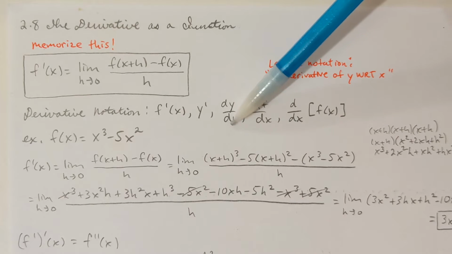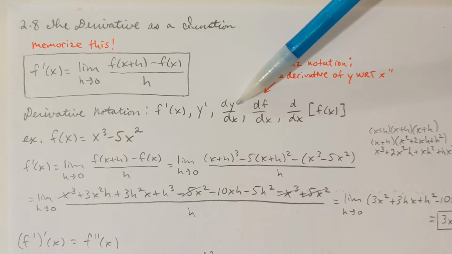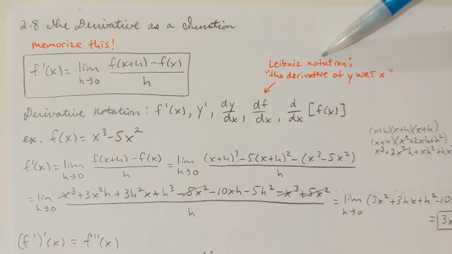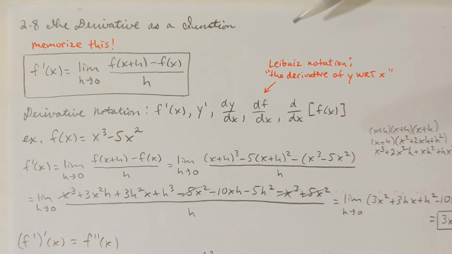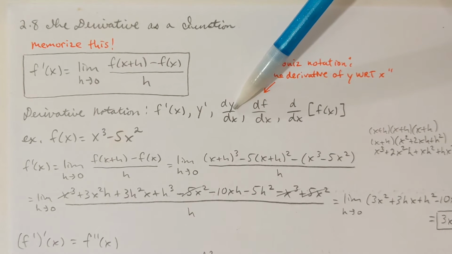dy/dx, or the first derivative of y with respect to x, is how we would read that. This is sometimes called Leibniz notation. Leibniz was a famous mathematician who was a key contributor in the development of calculus, and so this notation is named after him. You'll see that in the book quite a bit.